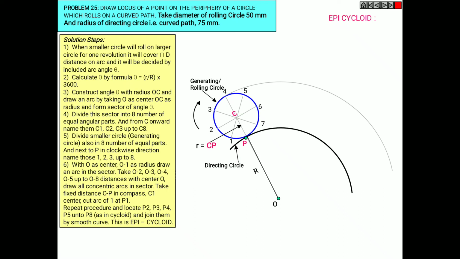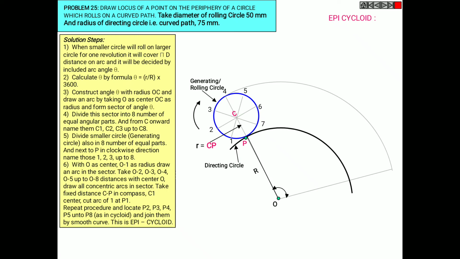Now with O as center, with O to 4 as radius, and similarly from O to 3, O to 4, draw an arc at an angle of theta. The value of theta is small r by capital R into 360 degrees, where small r is the radius of the rolling circle and capital R is the radius of your directing circle.